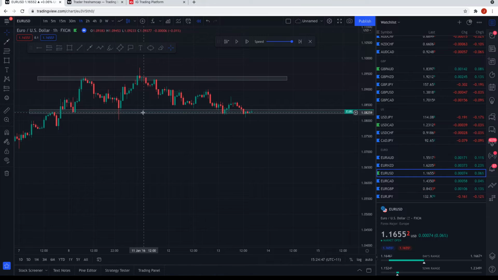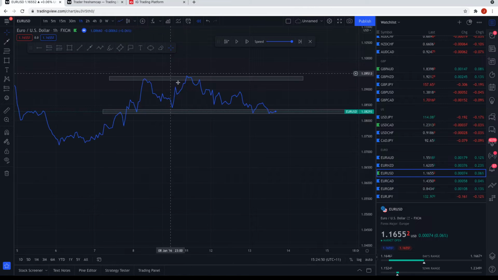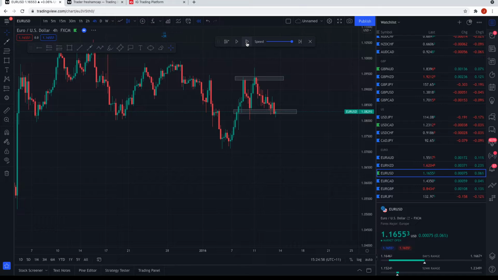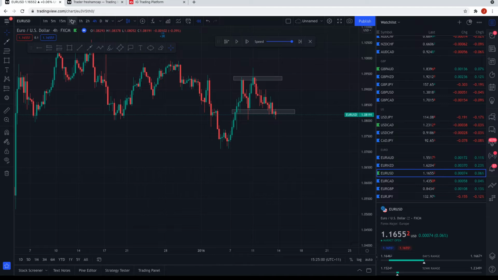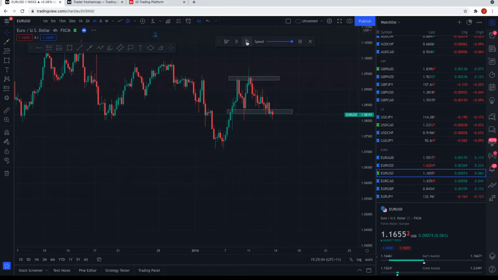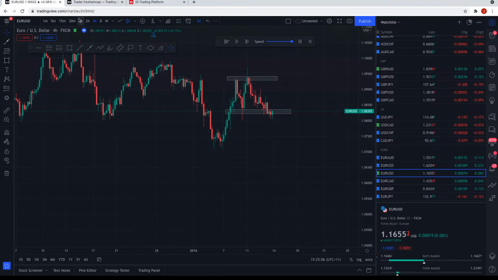So from here, I don't think it's quite clear that we've broken this structure. We can see we have candles coming down all the way here. So I don't quite think this is a break. So let's wait for a cleaner one. There we go. Yep, that's better. So now we just wait for price to come back, hopefully.